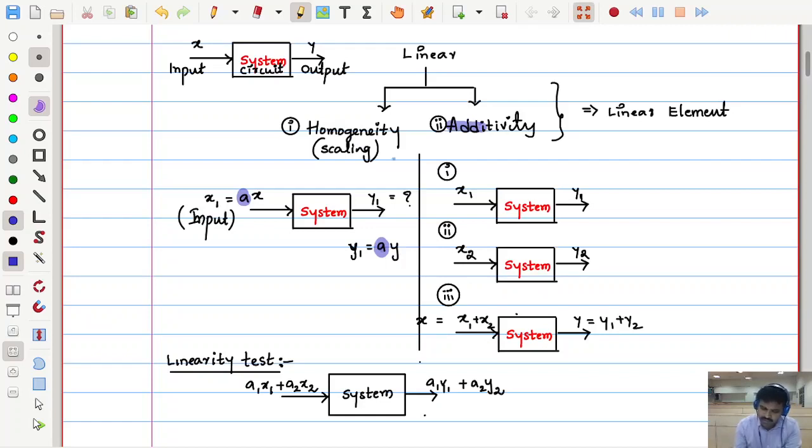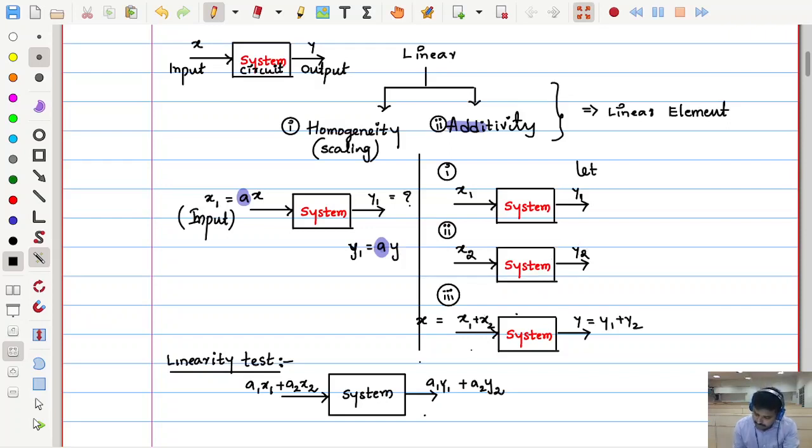How? Like this. For this same system, if the input is x1, let us assume the output is y1. Input x1 is producing an output of y1. If I give some other input x2 to the same system, the corresponding output let us consider as y2.